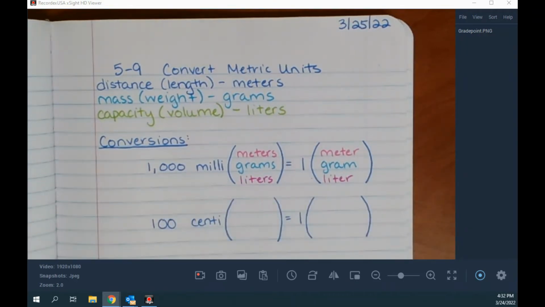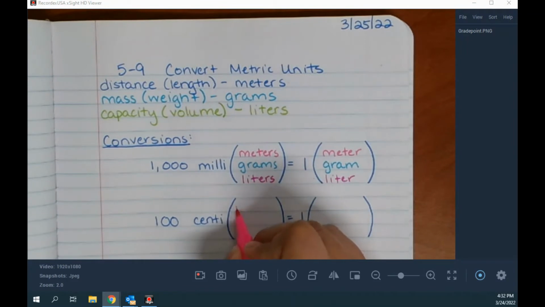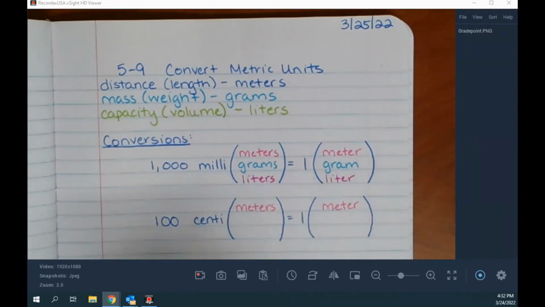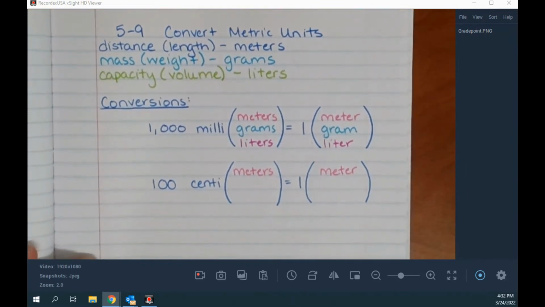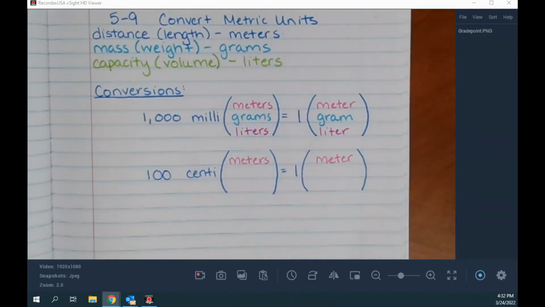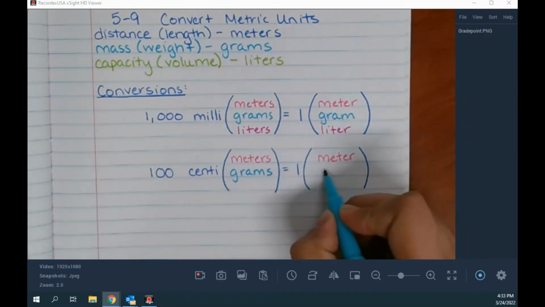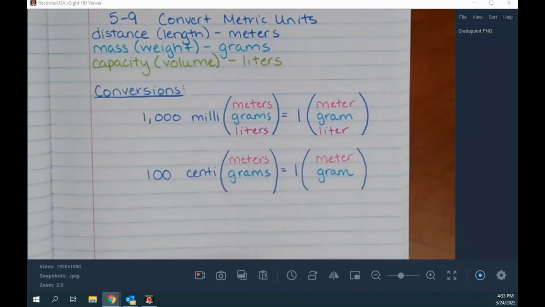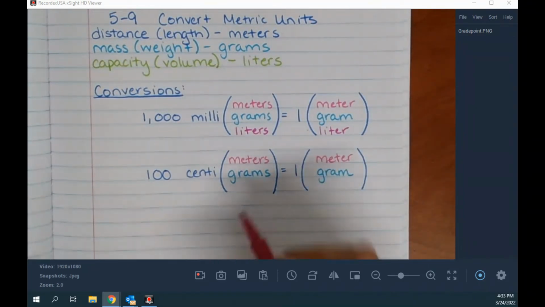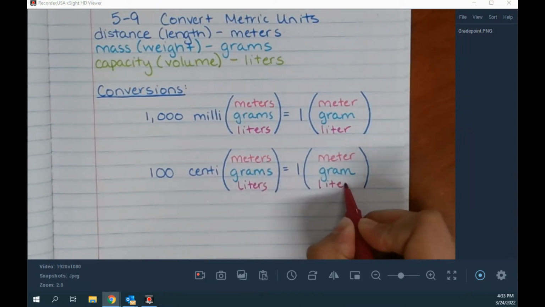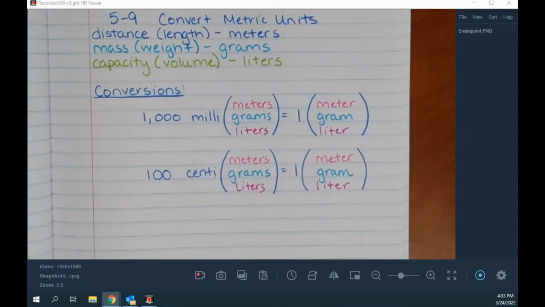So let's go ahead and fill those in. 100 centimeters is equal to 1 meter. 100 centigrams is equal to 1 gram. And then finally, 100 centiliters is equal to 1 liter. And I'm trying to color code those so it's a little bit easier for you as well.